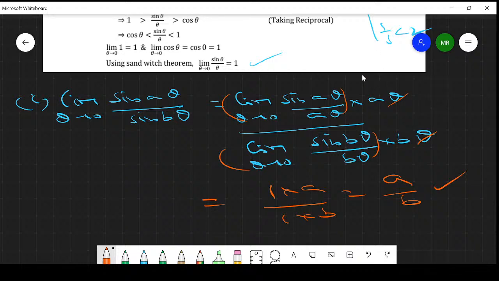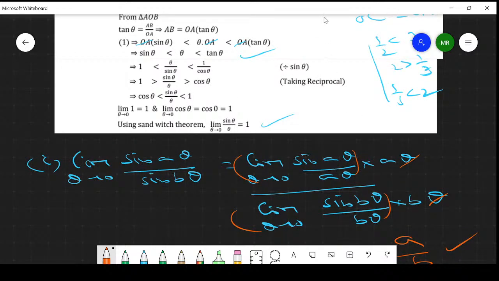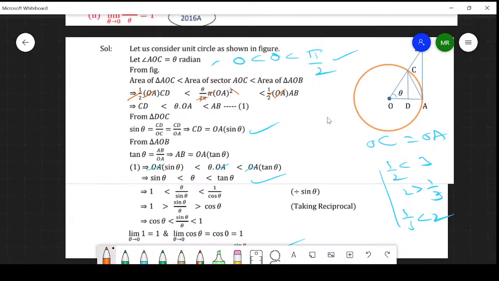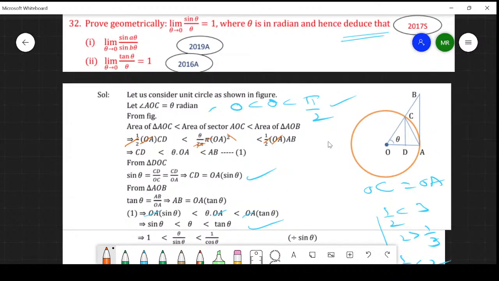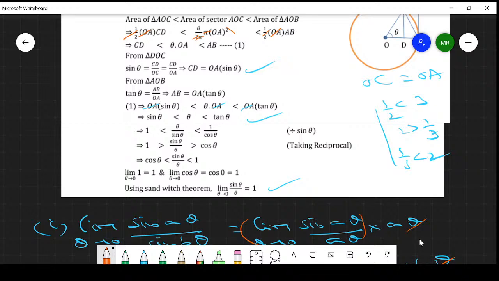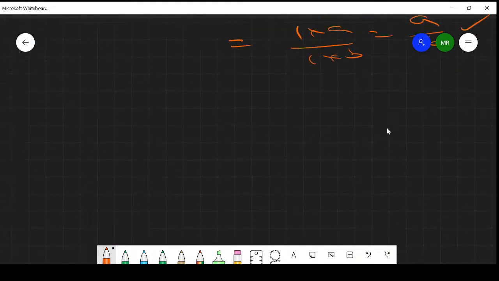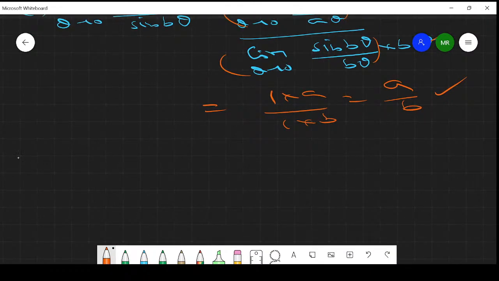See the next one. One more problem is there. Limit theta tends to 0, tan theta by theta is equal to 1. That also we will complete now, the second problem.